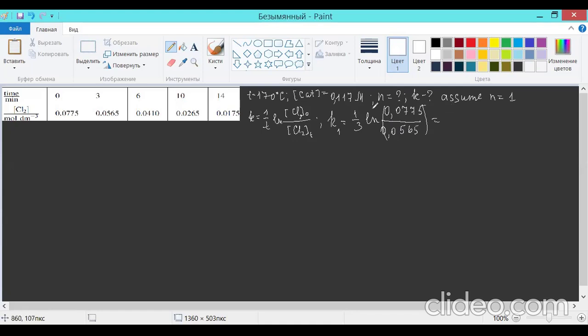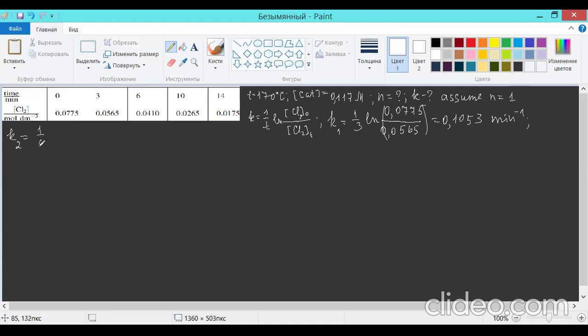So it's 0.105 minutes raised to -1. Okay, let's do the same with k sub 2.